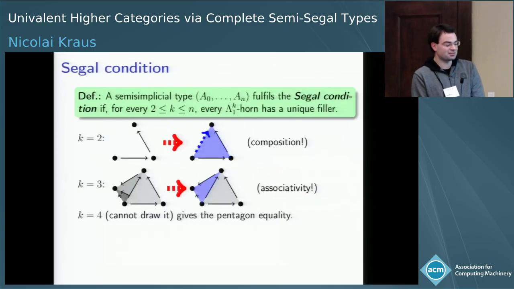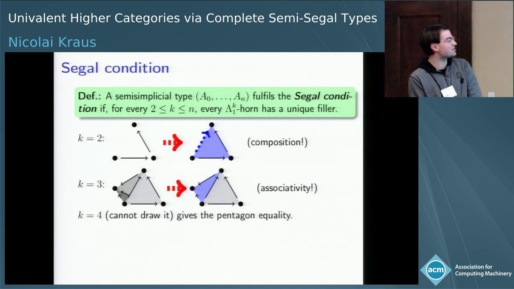Right, and in general, we can do this on all levels, not only in 2 dimensions. So this is one possible formulation of the Segal condition in type theory. There are many equivalent ways of formulating the Segal condition, but this is the one that we have chosen. And it just says that whenever you have such a horn, there is exactly one filler.